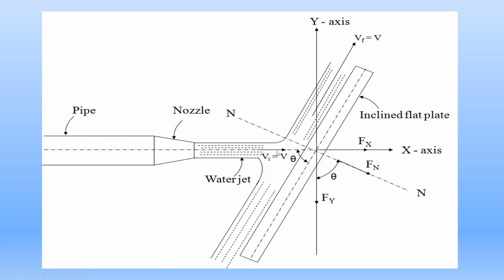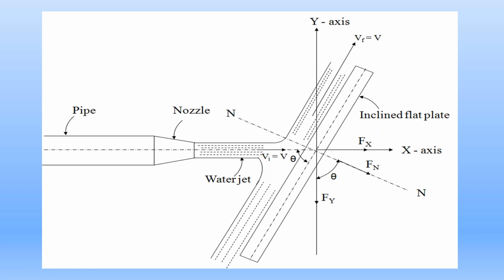Here, this water jet applies the force on the metal plate in the x-axis horizontal direction, that is Fx. The water jet also applies the force on the metal plate along the y-axis, Fy. So in this impact, the water jet applies on this inclined metal plate the force Fx in the horizontal x-axis direction and the force Fy in the vertical y-axis direction.